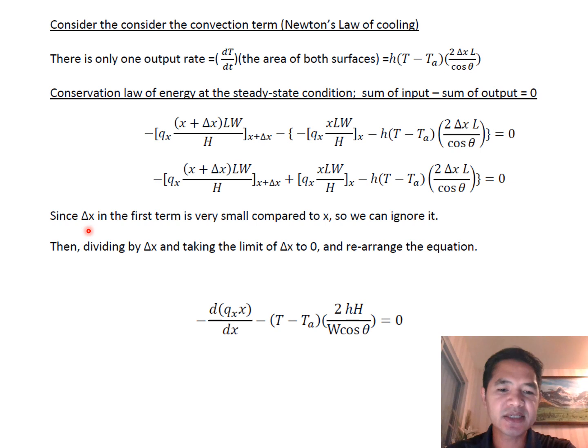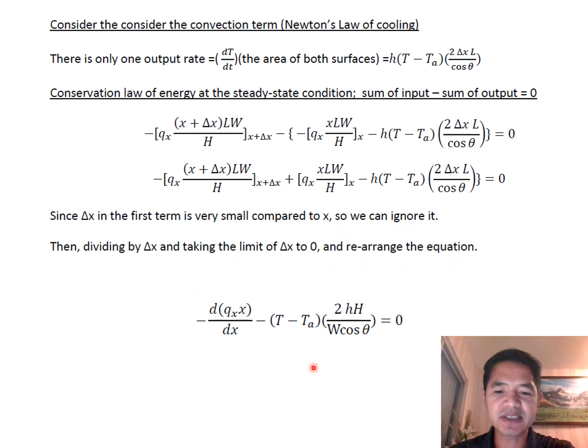Then, since delta x in the first term is very small compared to x, we can just ignore it, set it to 0, so it's going to be x. Then we divide this term by delta x and take the limit as delta x goes to 0, and rearrange the equation.